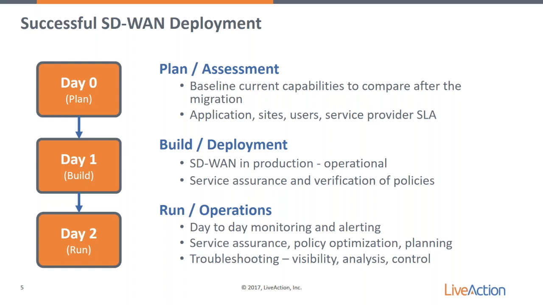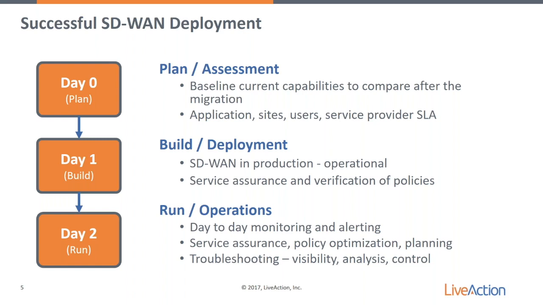Because as you're building out these policies for SD-WAN, you're definitely saying this particular business application has certain priorities, and then it's going to take certain transport at certain times. So you want to have the ability to assure and verify those policies. It's like when you use a self-driving car the very first time, you're a little bit nervous. You want to make sure that it's actually working properly. So that's what you need in day one, just getting that assurance.